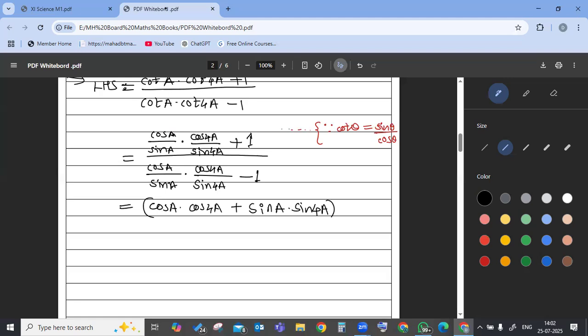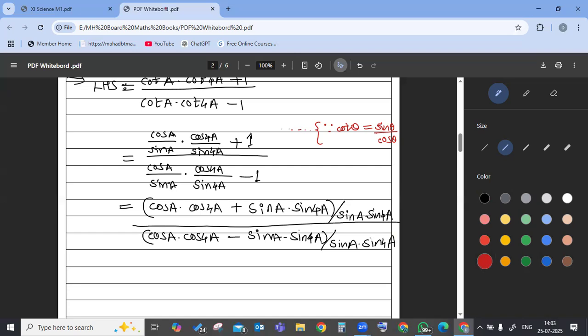This whole thing divided by, now denominator is taken common, sin A into sin 4A. Again, cos A into cos 4A minus sin A into sin 4A, divided by sin A into sin 4A.